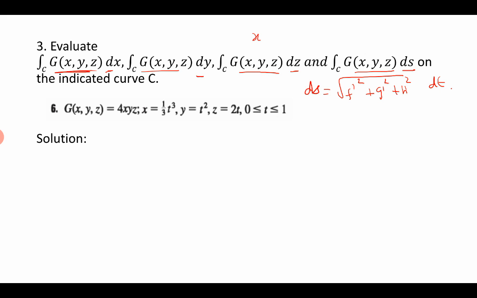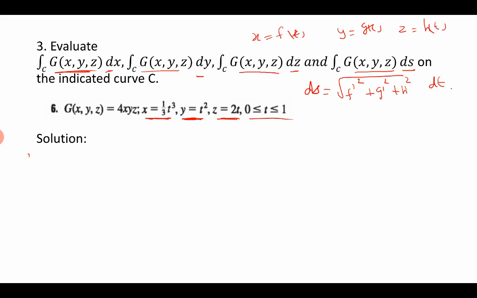Remember x is f of t, y is equal to g of t, z is equal to h of t. So this is your f, this is your g, this is h, and t is given from 0 to 1.